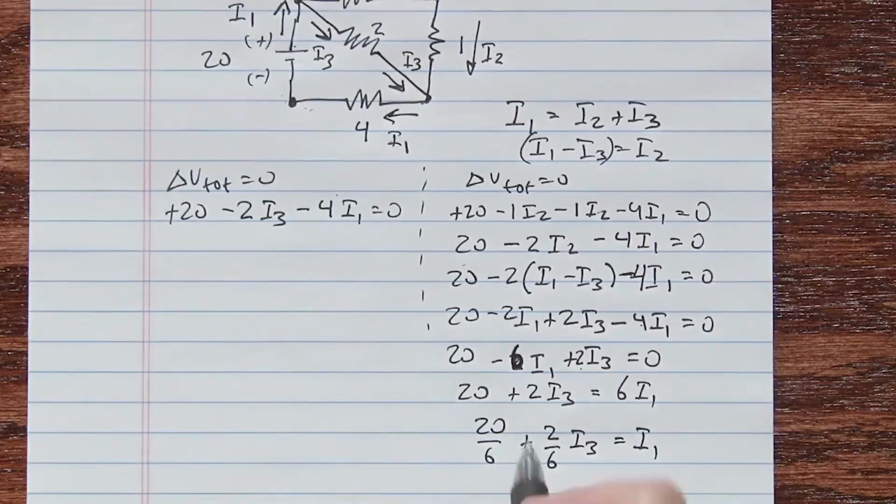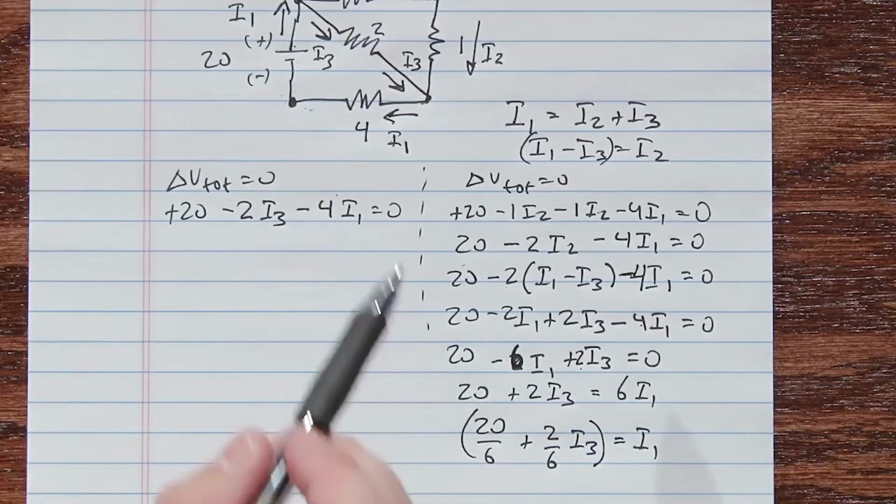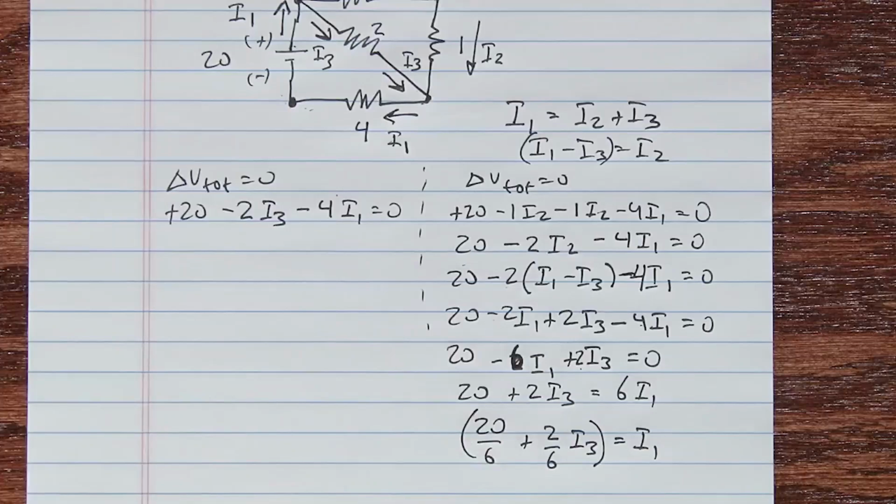So now this is equal to I1. So I can take this and put it into this equation, and I'll have an equation with just I3 in it, which I can solve for I3.